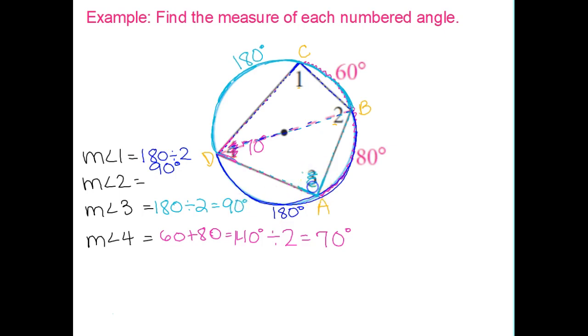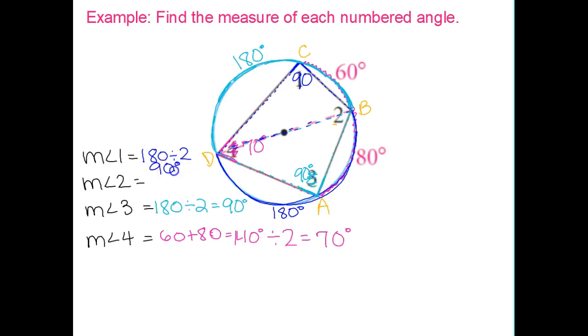So I know that this is 90 degrees, and I know that this is 90 degrees. So the only one I have left to find is angle 2. Probably the easiest way to do that, if you remember, is that we have a quadrilateral, a four-sided figure. Any quadrilateral has to add up to 360 degrees.